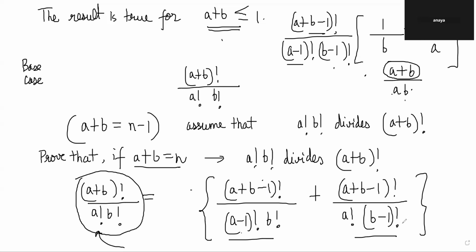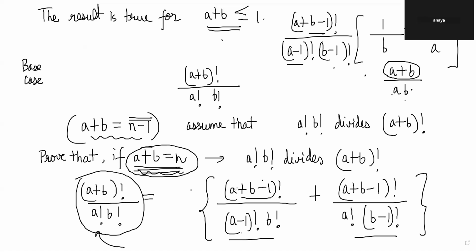By our induction step, we know that right now a plus b is n, but a plus b minus 1 would have been n minus 1. Currently we are doing the case where a plus b is n.